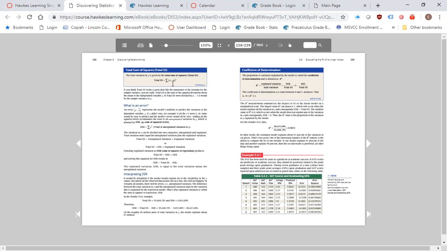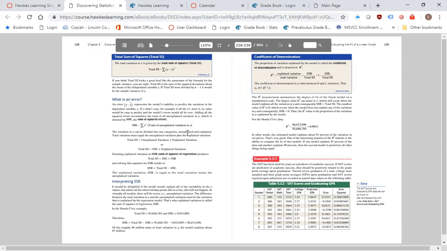It's in your PowerPoint as well. So let me find it. Yeah, the total SS there was given. Total sum of squares. It says it is the sum of y minus y bar squared. There, that looks a little better.